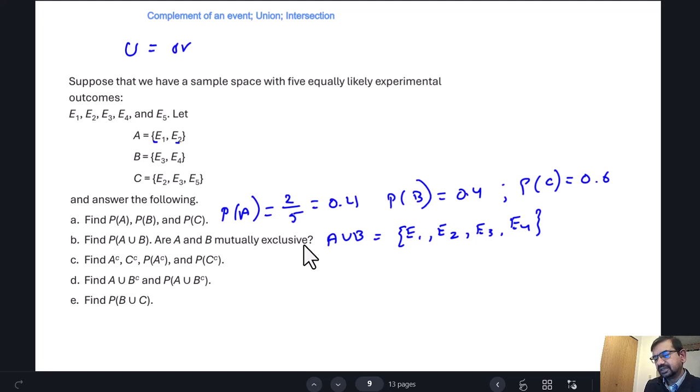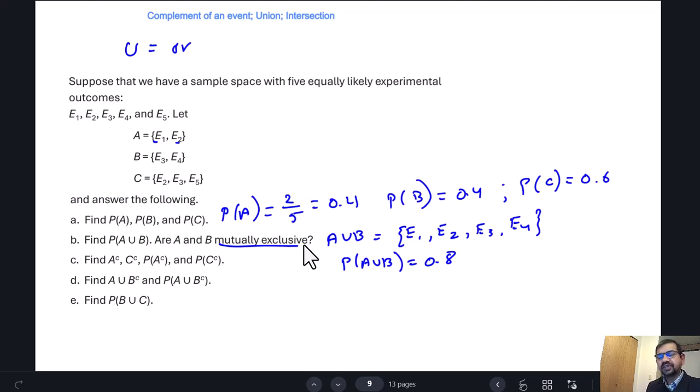So here we have 4 possibilities out of a total of 5. So the probability of A union B is 0.8. And as we notice that A and B have no events in common, we say that they are mutually exclusive. So mutually exclusive events are events which share nothing in common.